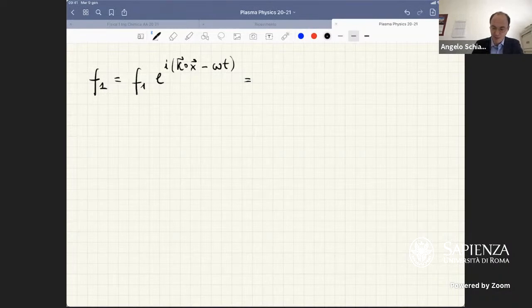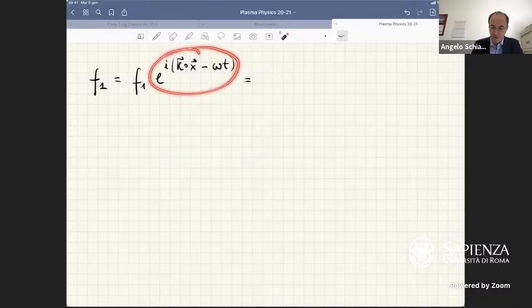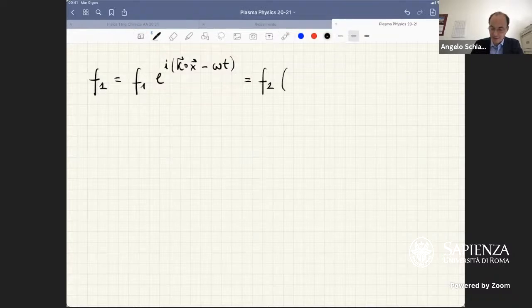So when we write this as a plane wave, we mean that in the end our perturbation is going to be cosine of (k·x − ωt) plus i sine of (k·x − ωt).